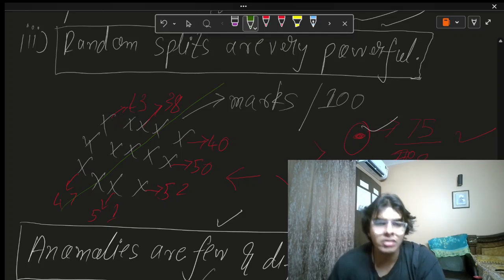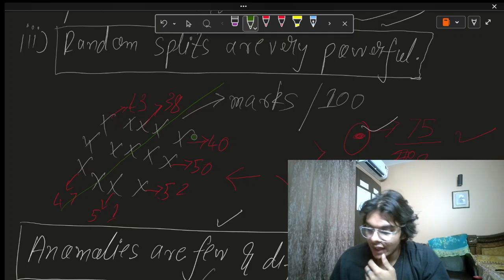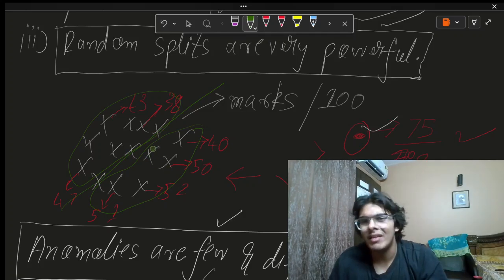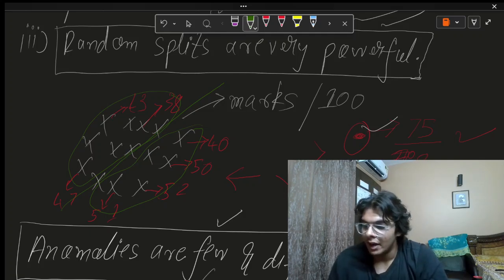Now this is still fine, this doesn't harm the model in any way, because once we create the split we can still say that these points are dense and close to each other, and these points are dense and close to each other, with similar values. So still we can say that this is not an anomaly. Then we make another split, let's say like this.